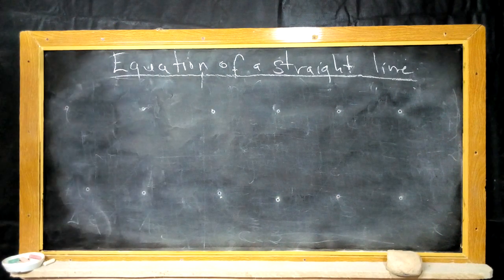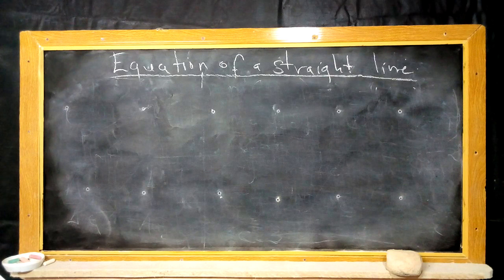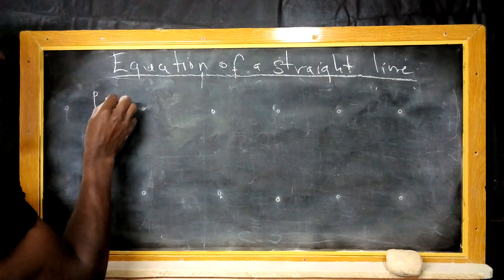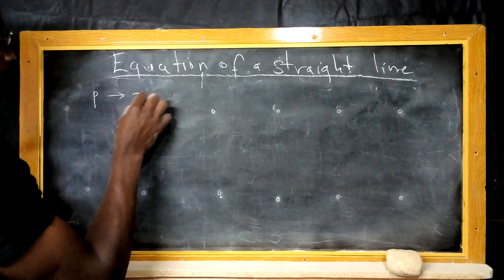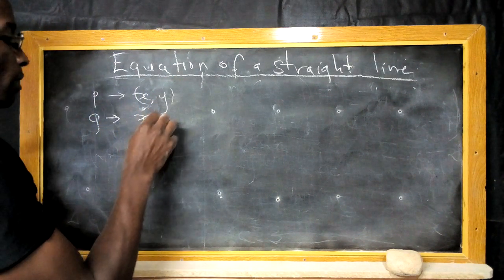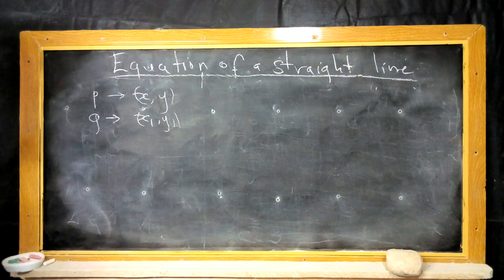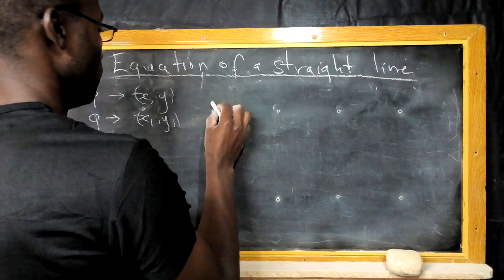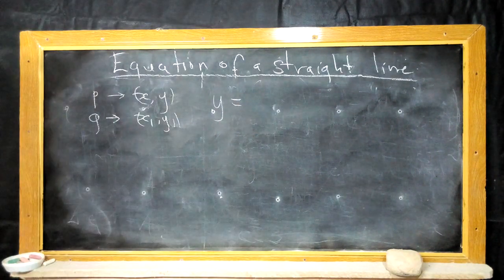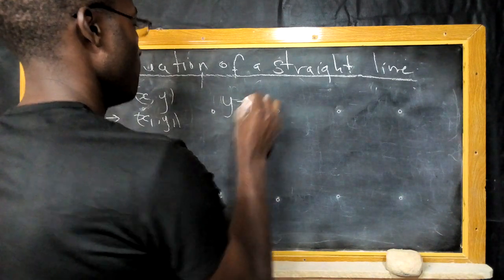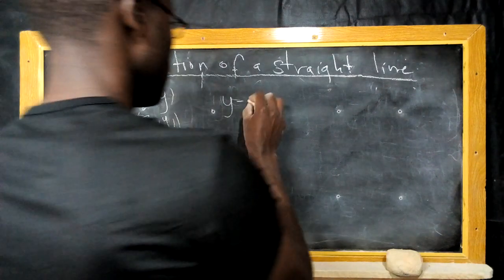So as we have said, given general points, maybe point P to be (x, y) and Q to be (x1, y1), then those two points can give us an equation of a straight line illustrated by y minus y1.